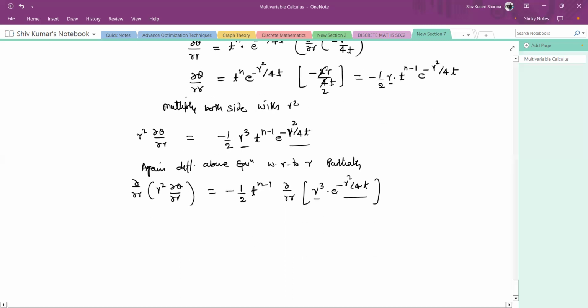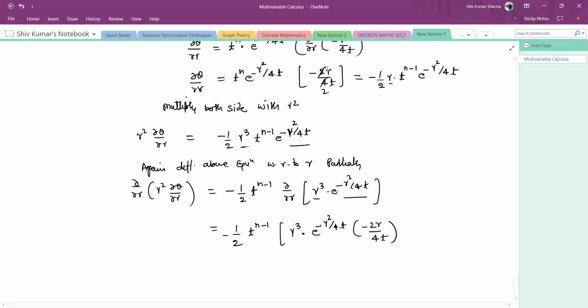So we have two terms of r, that is first and second, so we use the product rule. So we write this as minus 1 upon 2 t raised to the power n minus 1. And we write the first function, that is r cube, and the differentiation of the second. So for the differentiation of the second we write e raised to the power minus r square upon 4t into the differentiation of minus r square upon 4t, which is minus 2r upon 4t. Okay, so plus the differentiation of the first, that means we write 3r square into the second as it is, so e raised to the power minus r square upon 4t.